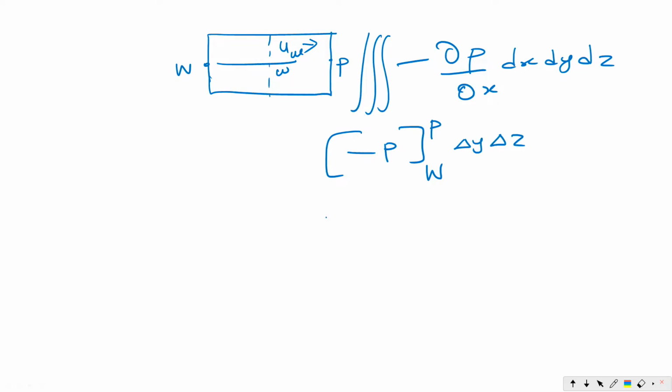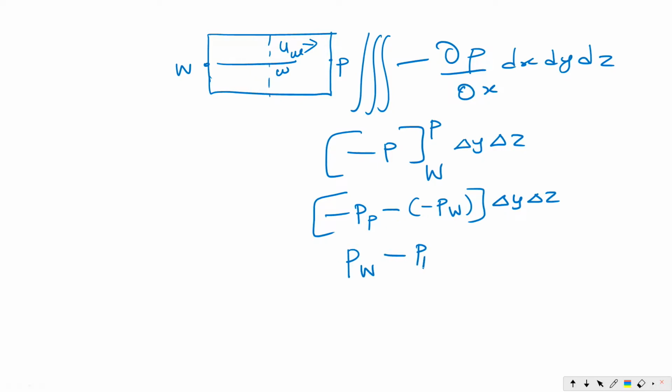So it will become minus PP minus of minus PW. I am trying to apply the limits. Delta y, delta z is nothing but area AW. Minus of minus becomes plus, so PW minus PP of AW, small w. So this is the value of dou p by dou x for the left hand side W control volume.